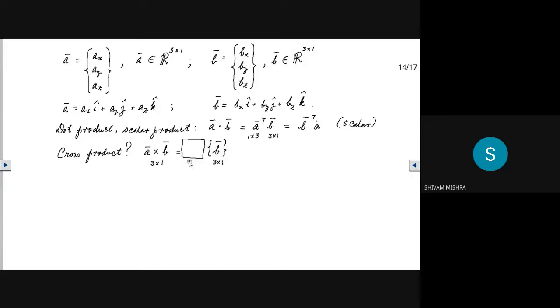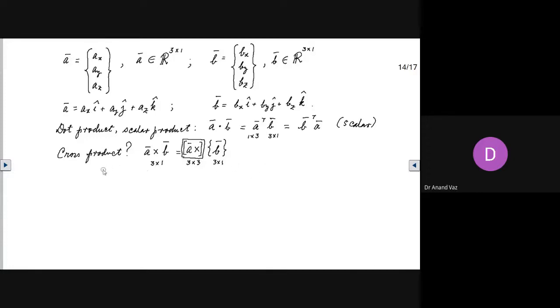It should be 3 cross 3. And we will designate this matrix as A cross. So this A cross is a 3 by 3 matrix. Now, what are the elements? We will discuss it shortly.